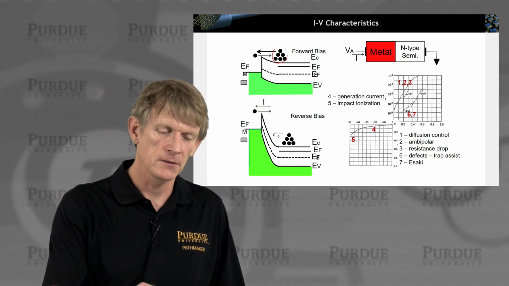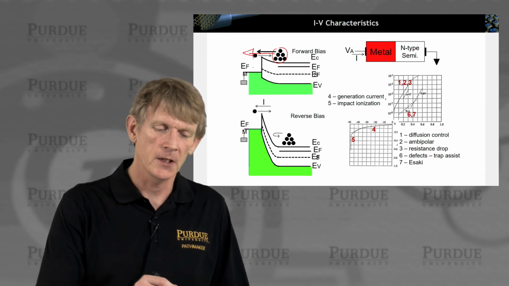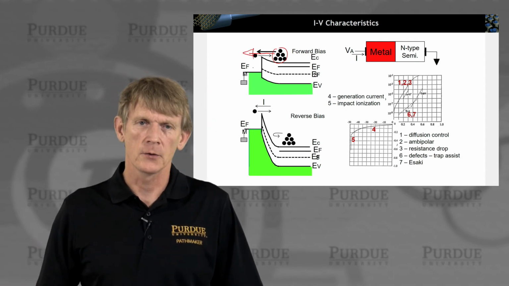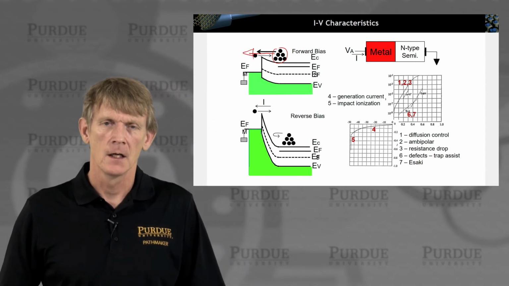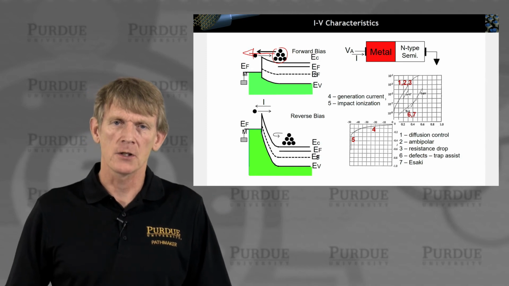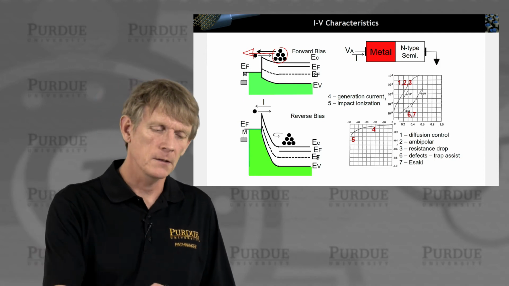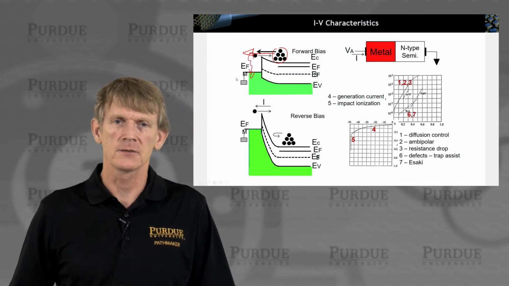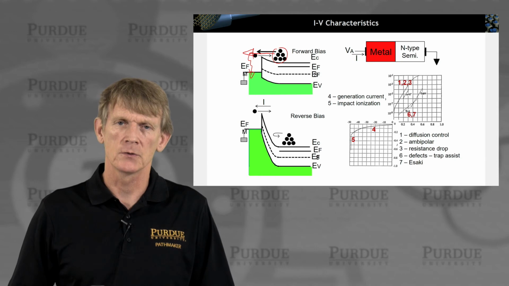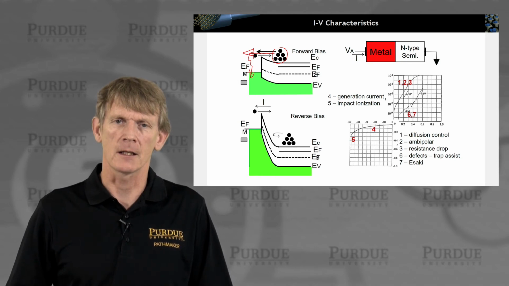In forward bias, you inject electrons from the N side over to the other side of the junction. But these are majority carriers you inject into the metal. They will relax rather rapidly. There is no diffusion involved due to the scattering in the metal.